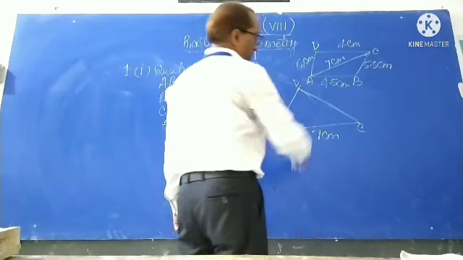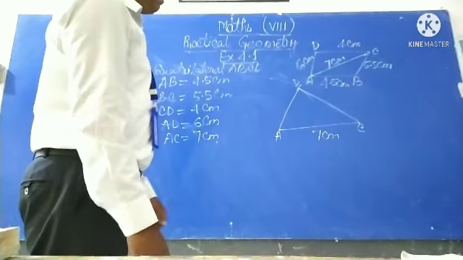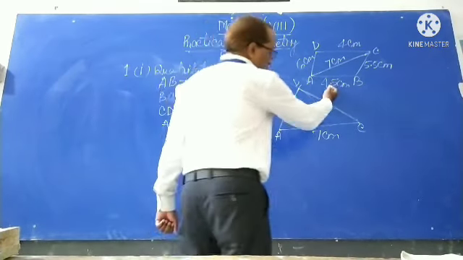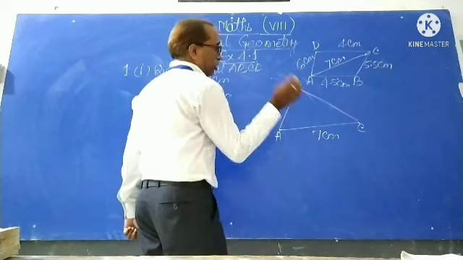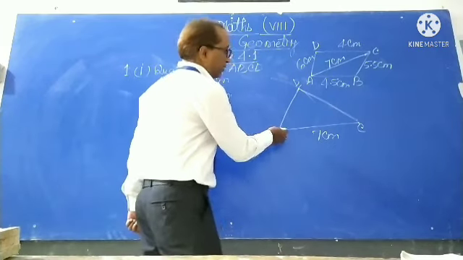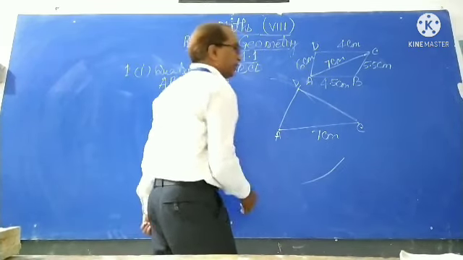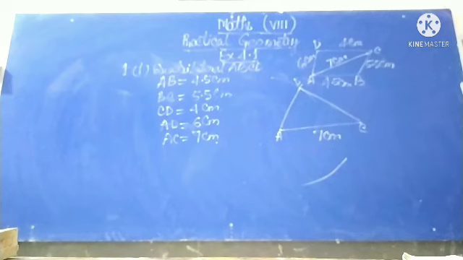When you join D to A and D to C, half the figure is constructed. Then you take 4.5 centimeter distance in your compass and draw an arc with center A like this.